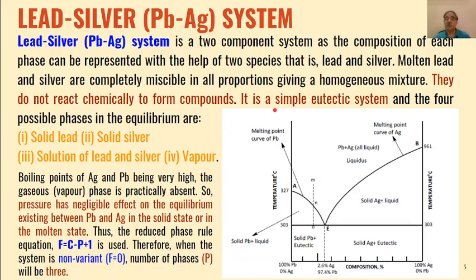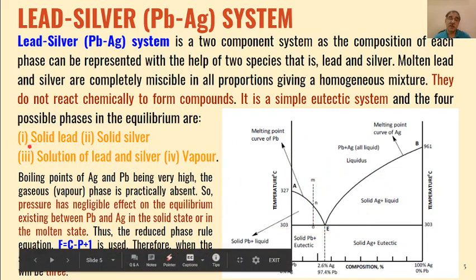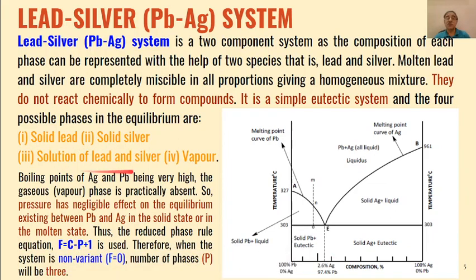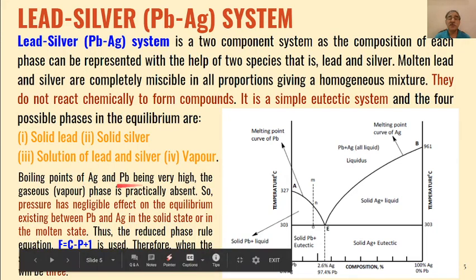In this type of eutectic two component system, there are four phases which can be present in the phase diagram: solid lead, solid silver, a solution of lead and silver, and then the vapor phase. Now, as you have seen, the boiling points of silver and lead are very high, so the gaseous phase is practically absent in the system.